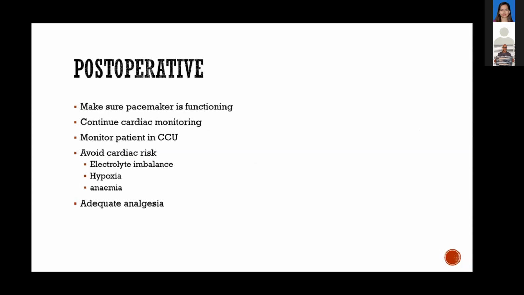Continue cardiac monitoring. You have to monitor the patient's ECG. Avoid cardiac risk. Try to avoid patient electrolyte imbalance, hypoxia, and anemia, and you must give the patient adequate analgesia.